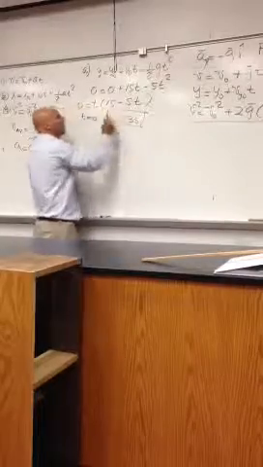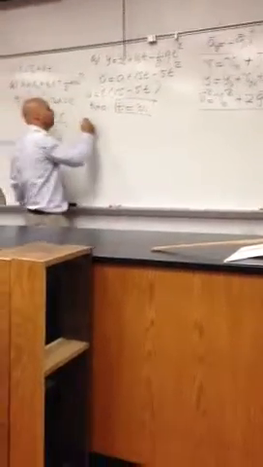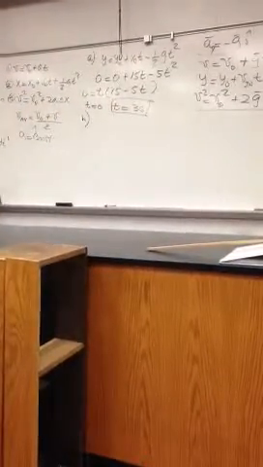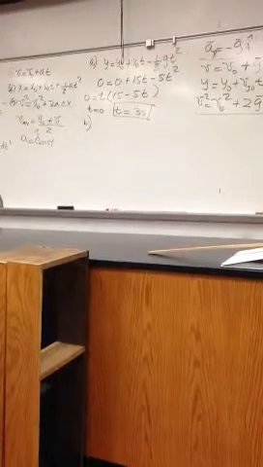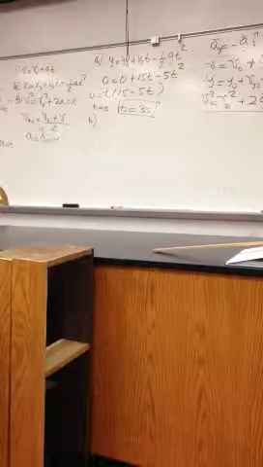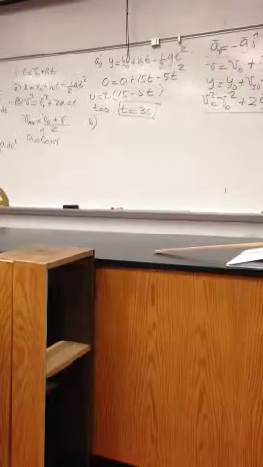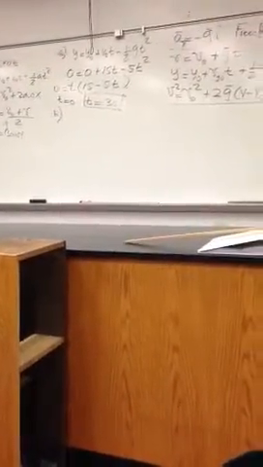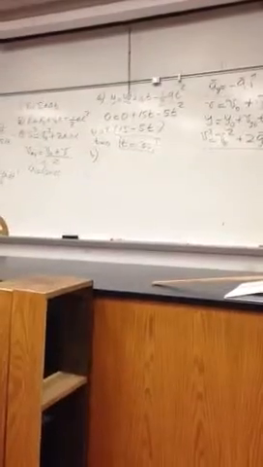Good. A. Now B. I want to find the maximum height. What information can you imply about the maximum height? It's not given explicitly, but you can imply it. At the maximum height, what do we know?